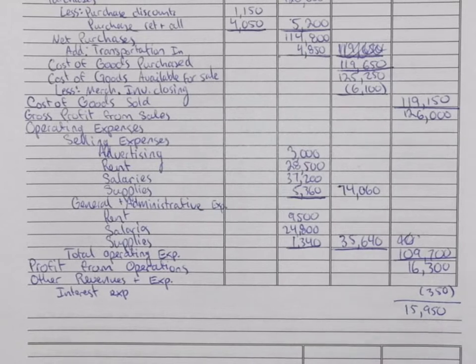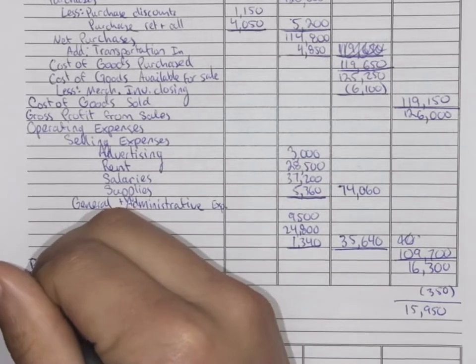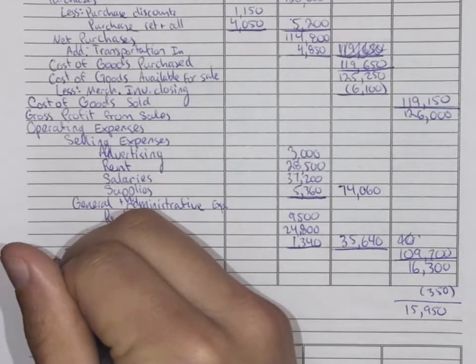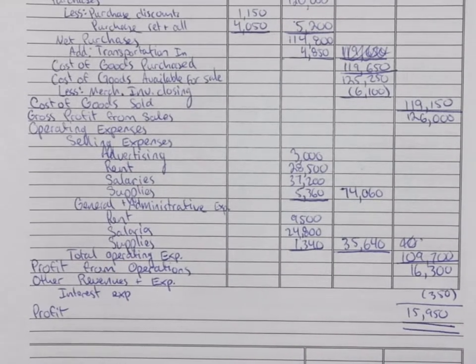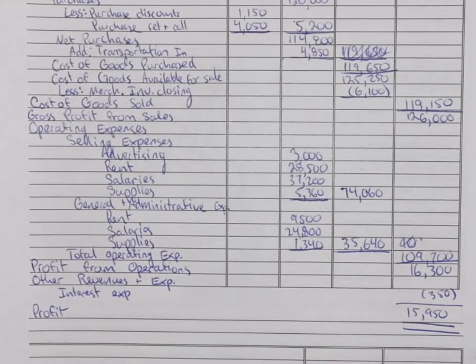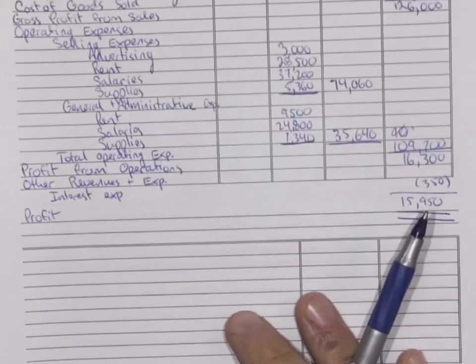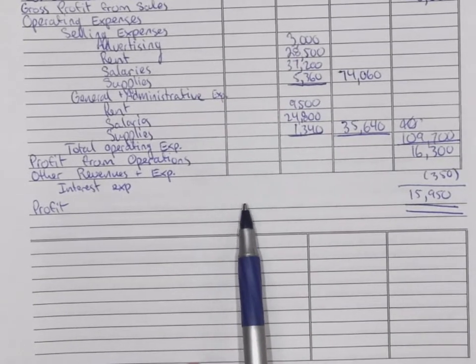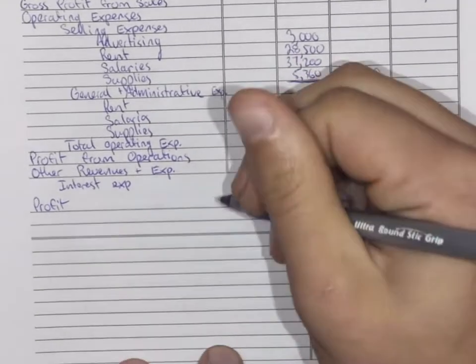And we get a final profit of $15,950. No, that's not right. Oh yes, that is income from, yes, perfect. That is right. So we ran out of space. I took the title section of our next part. So just imagine, we can still make the title work actually.